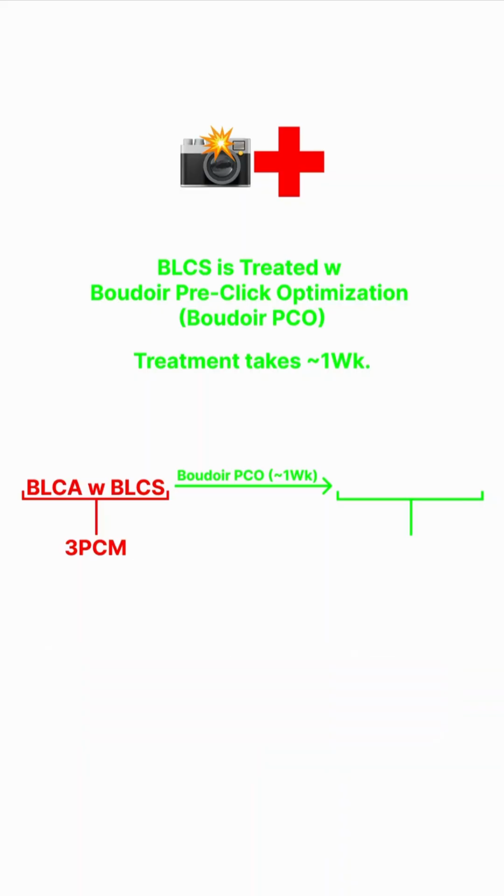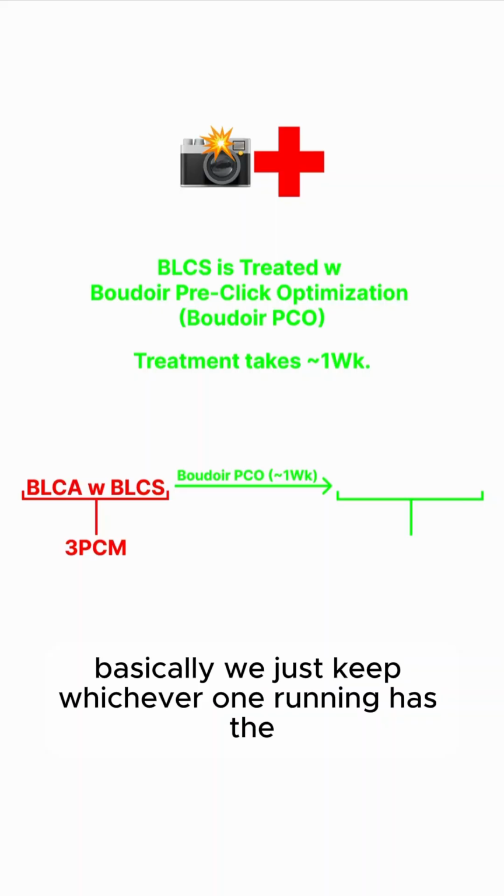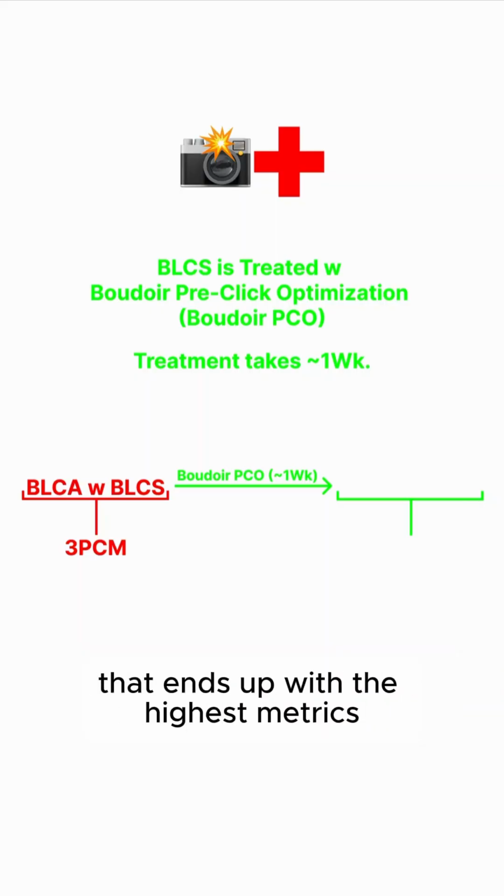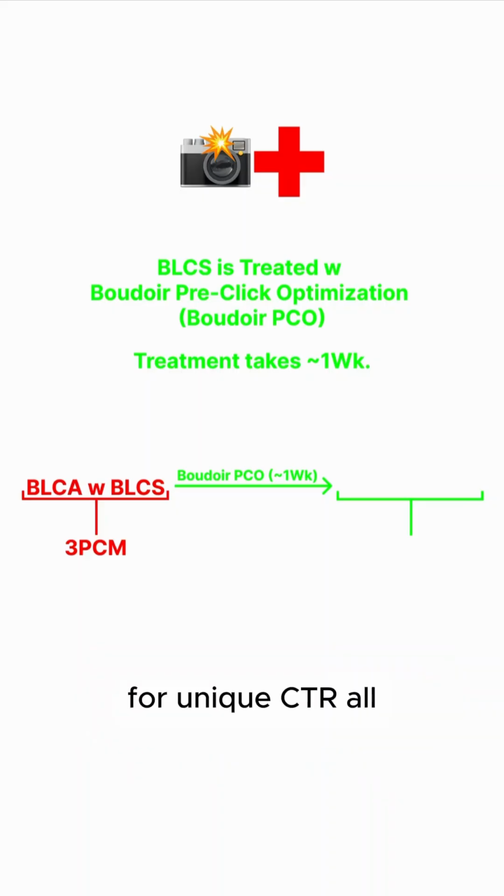After about a week, we just keep whichever one is running with the highest metrics, and it's always been the Boudoir Pico treated ad that ends up with the highest metrics for unique CTR all.